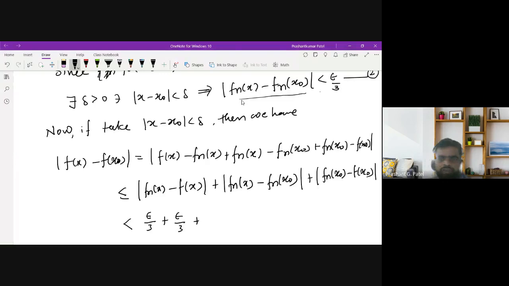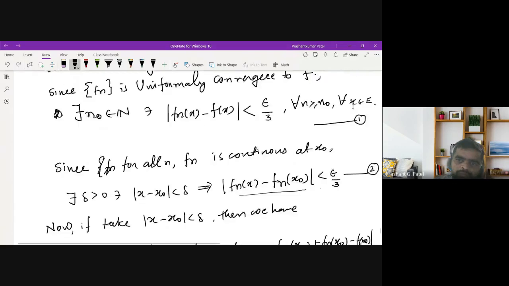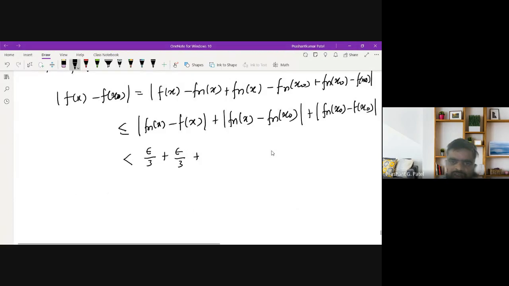So it is a sequence of numbers. Due to the same statement 1, in particular for x0, this is also true. So using the statement, we can write this is less than epsilon by 3, that is equal to epsilon, whenever |x − x0| is less than delta.